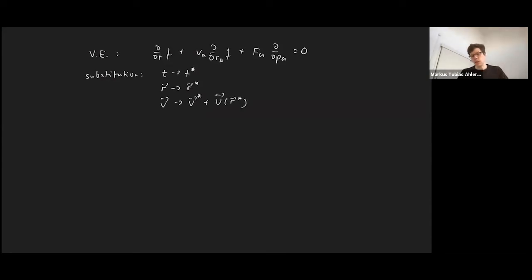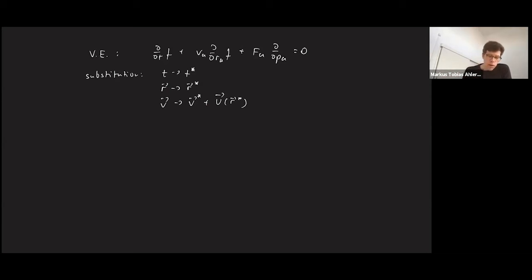So it's basically a velocity field that can depend on location. In general, this will parameterize the bulk motion of cosmic rays, whereas V star is going to be the random motion of cosmic rays that are encountering magnetic turbulence.